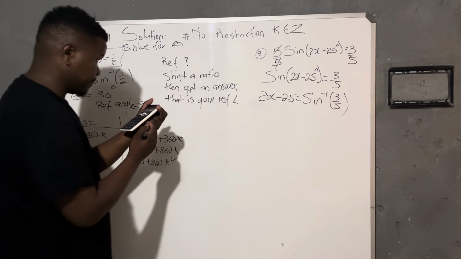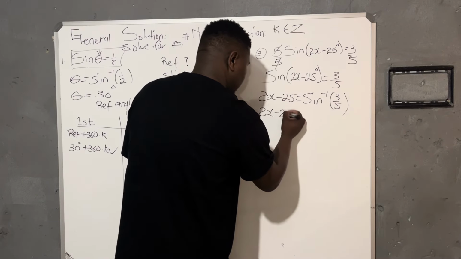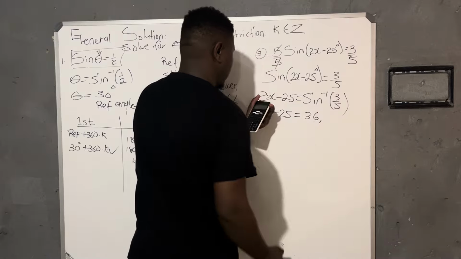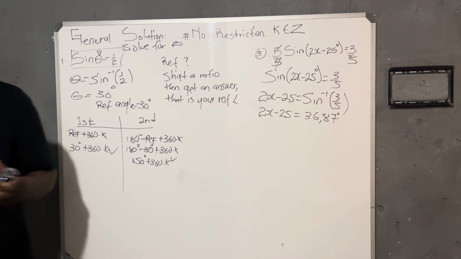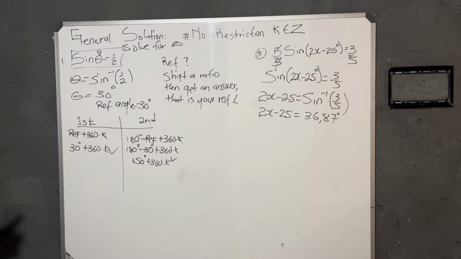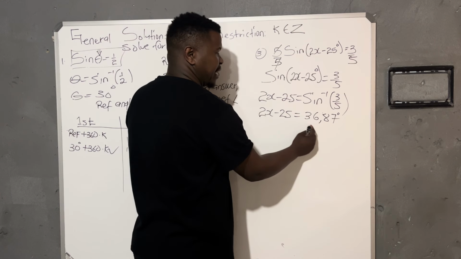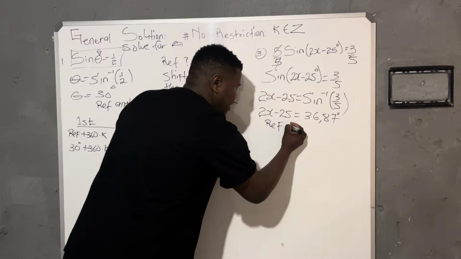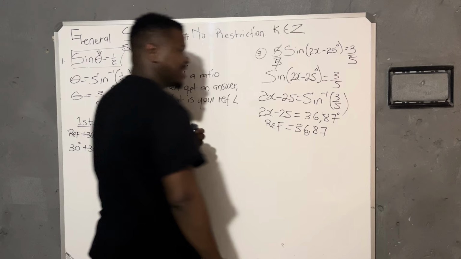I'm getting 36.87. Yes. After I shifted the sine, I'm getting 36.87. So now my reference equals 36.87. That is my reference.